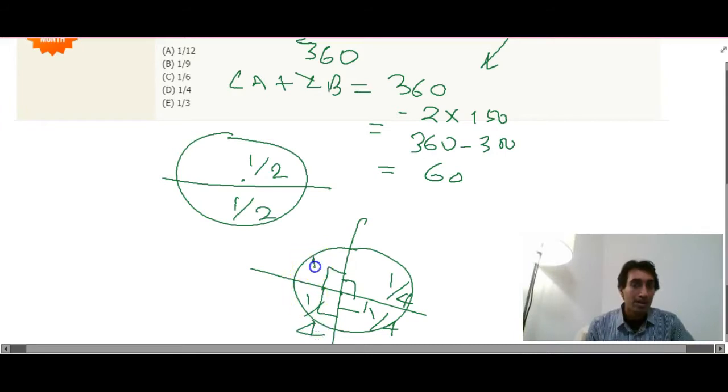So what I intend here is that as we divide a circle as per the angles, the fraction of the area of the sector is dependent on the angle. So if this is 90 degrees, then it will subtend 90 divided by 360, equal to 1 by 4.